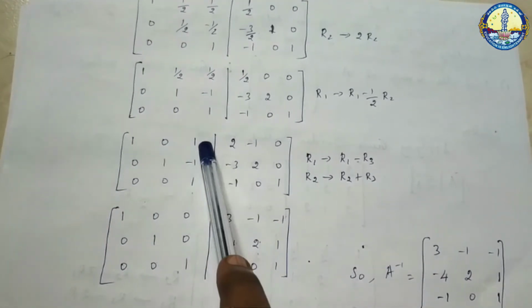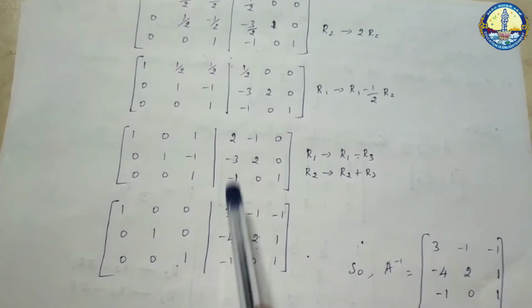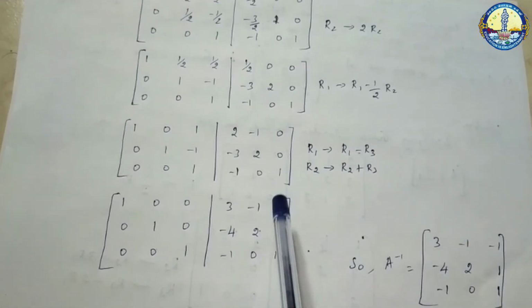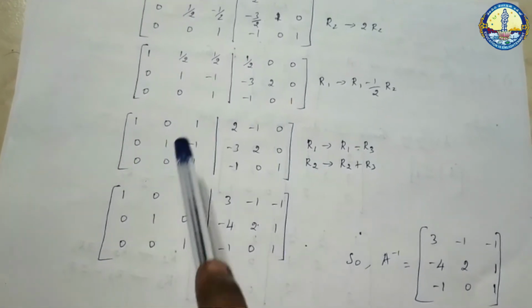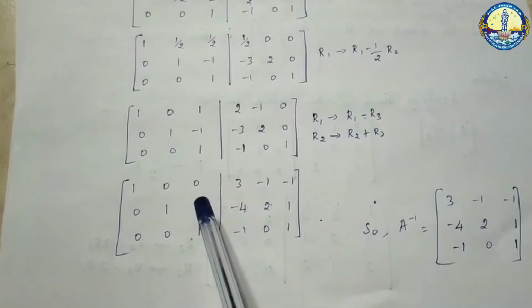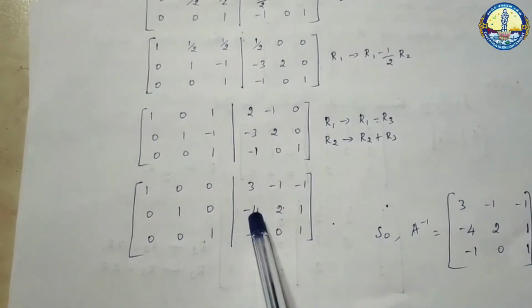R1 minus R3: 1 minus 0 is 1, 0 minus 0 is 0, 1 minus 1 is 0, 2 minus of minus 1, so 2 plus 1 is 3, minus 1 minus 0 is minus 1, 0 minus 1 is minus 1. Now R2: 0 plus 0 is 0, 1 plus 0 is 1, minus 1 plus 1 is 0, minus 3 plus minus 1 is minus 4, 2 plus 0 is 2, 0 plus 1 is 1.